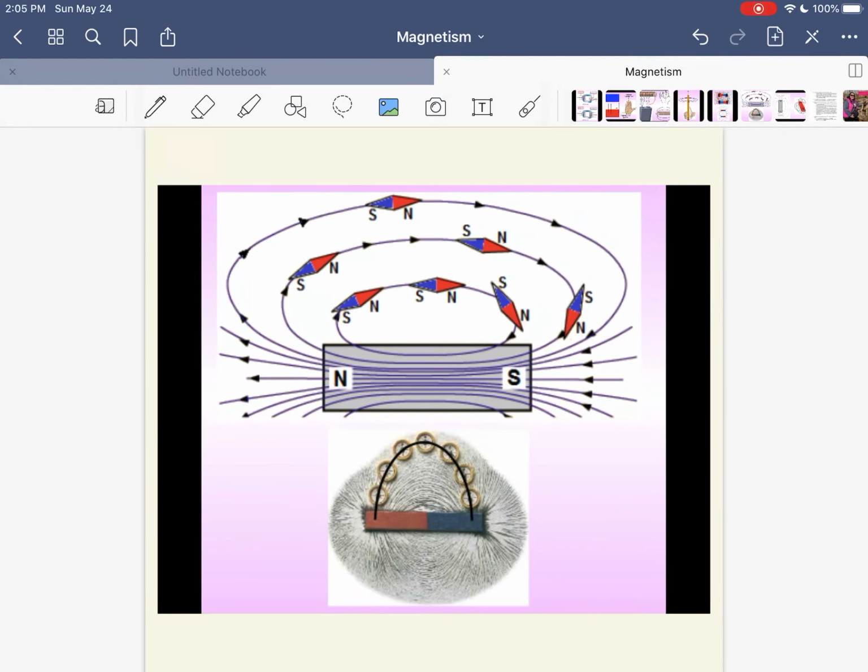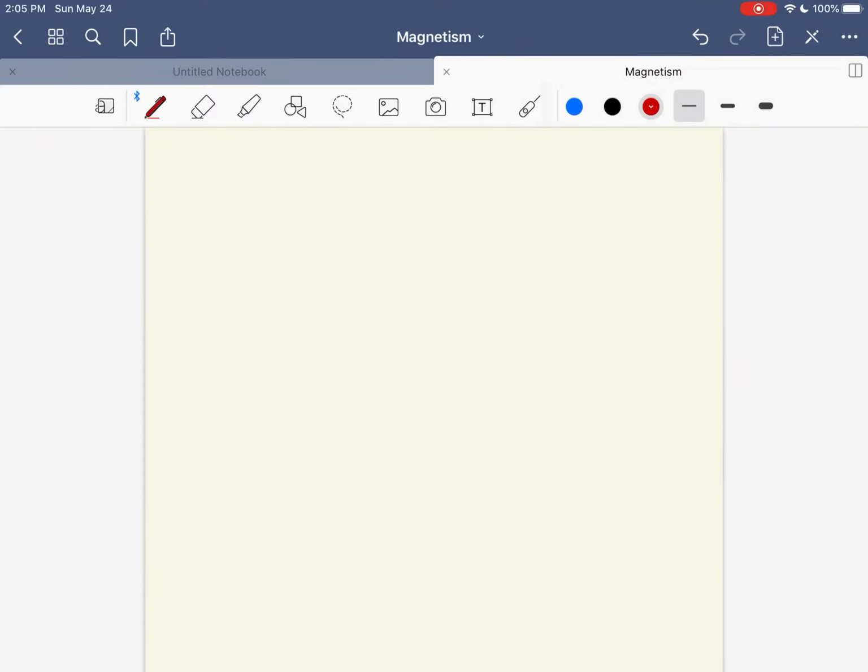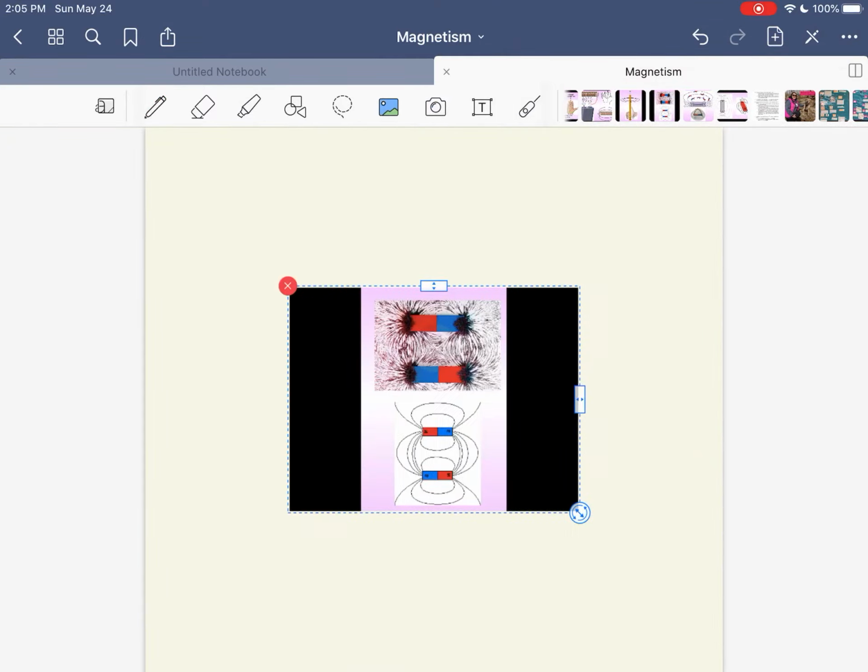This picture shows that when we pour those iron filings, you can see the lines coming out of the north pole and then going back into the south pole of our magnet. I'm just going to add one more picture here that we're going to look at for those magnetic field lines.